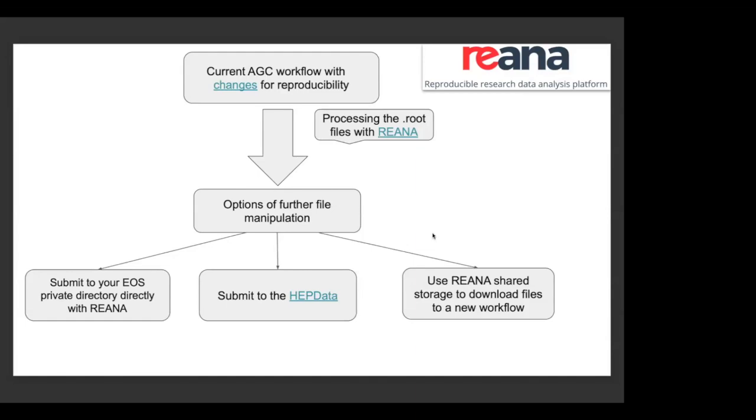So what we did, which was a nice thing because we didn't change much, was take our reproducible AGC, change the input data to the new sample, and process it again. In the end, we received a new workspace with a new sample.